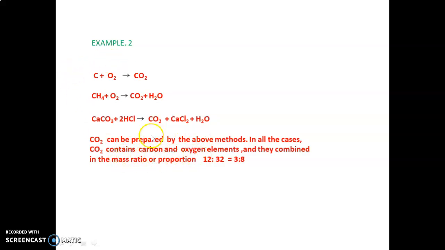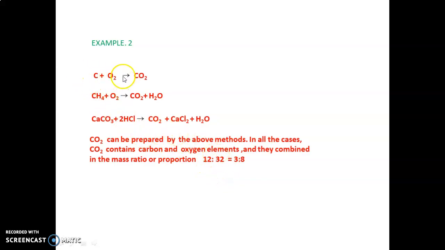In all these cases, pure carbon dioxide always contains carbon and oxygen elements, and they also combine in a fixed ratio. Here 1 mole of carbon is 12 gram and 1 mole of oxygen molecules is 32 gram, that is 12 is to 32.